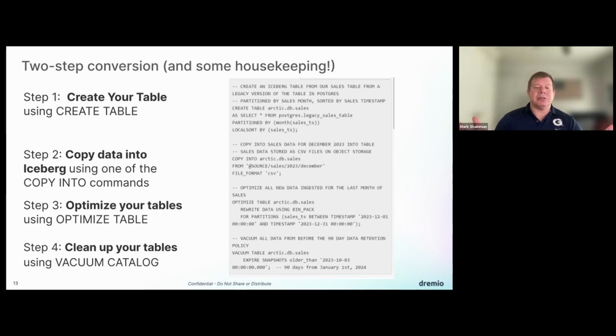And then you just use the cleanup command using a vacuum catalog. As easy as that. So it really gives organizations an easy and rapid way to move from what they have now in their existing environment to this modern Iceberg environment and get all the benefits that Iceberg and the Iceberg table format brings to organizations and their analytical environment.